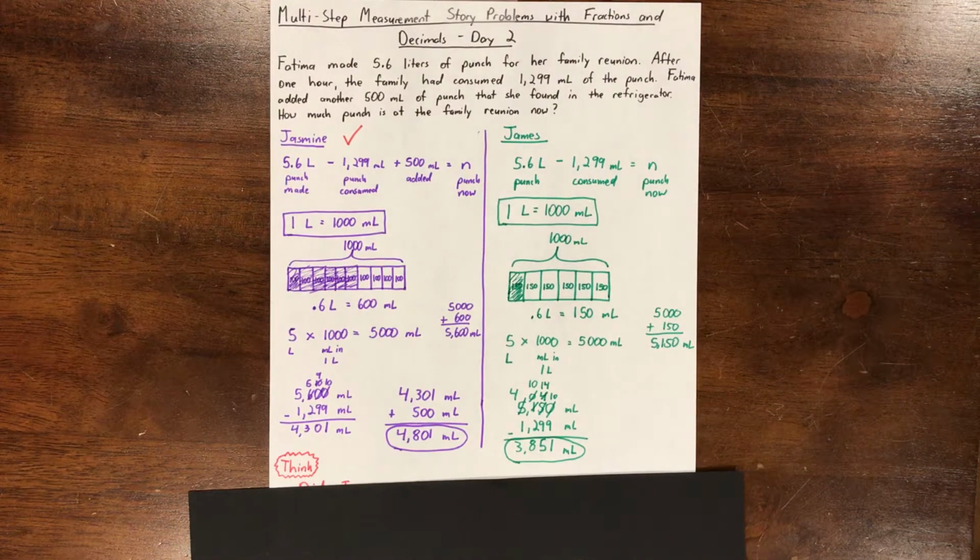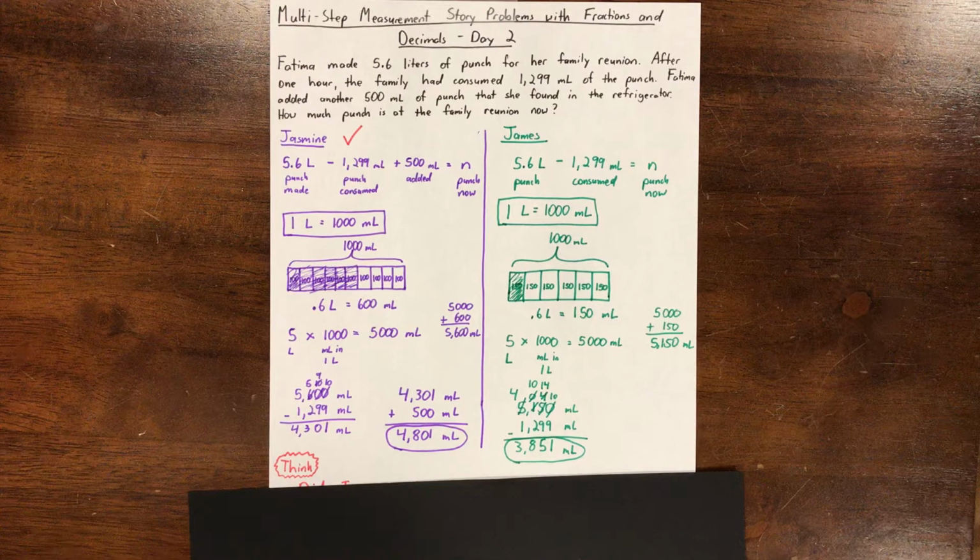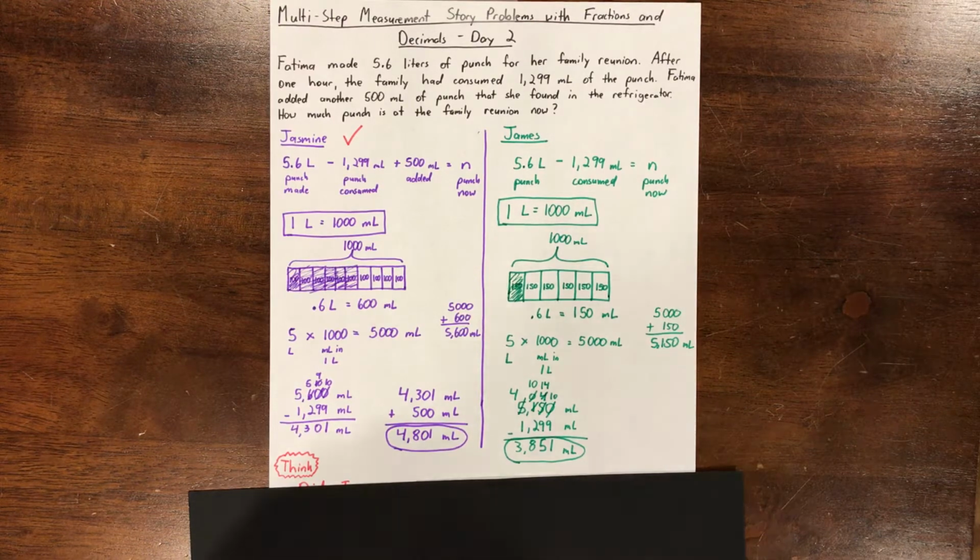Okay, so what mistakes do you notice that James made? Say it out loud. Sure, there's a couple of things that you might have pointed out. And the first one is that he didn't fully represent the problem.